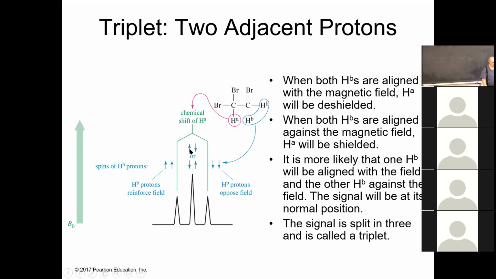Since there are two possible ways of having one aligned and one opposed, the middle peak is about twice as tall as the two outside peaks. It's twice as likely to have one aligned and one opposed as to have both aligned, for example. And that's called a triplet.